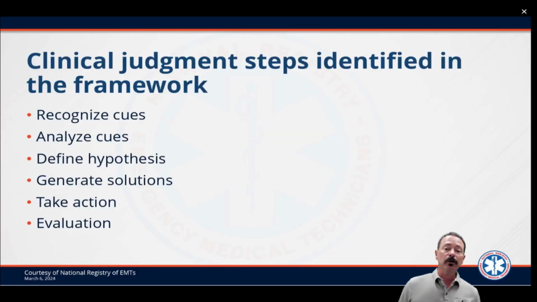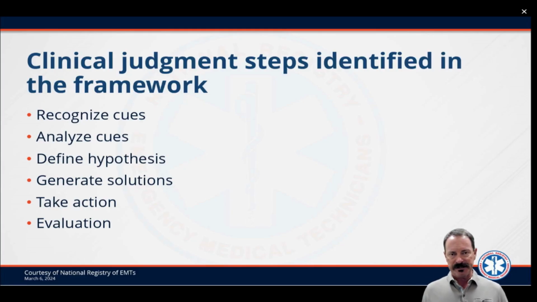All right, now clinical judgment steps identified in the framework. Number one, recognize your cues and then analyze those cues. Define your hypothesis, generate solutions, take action, okay, treat your patient, and then evaluate your patient.